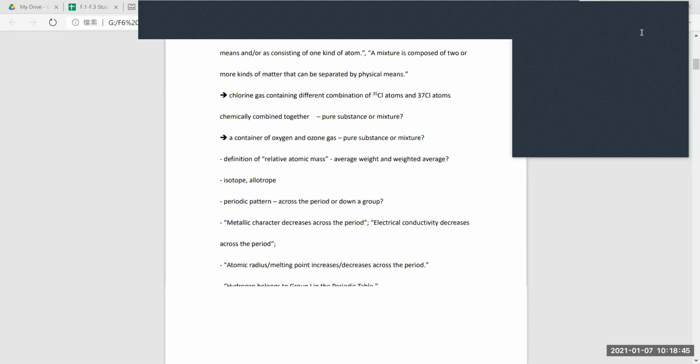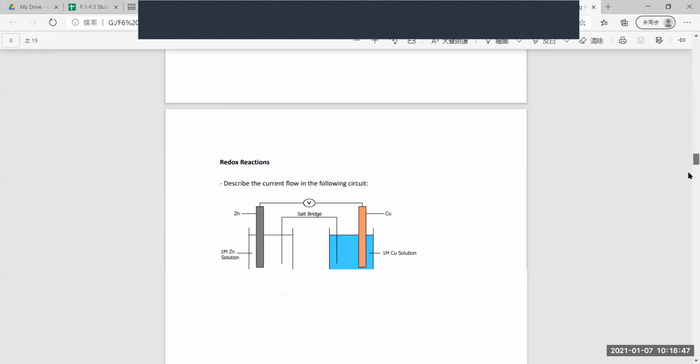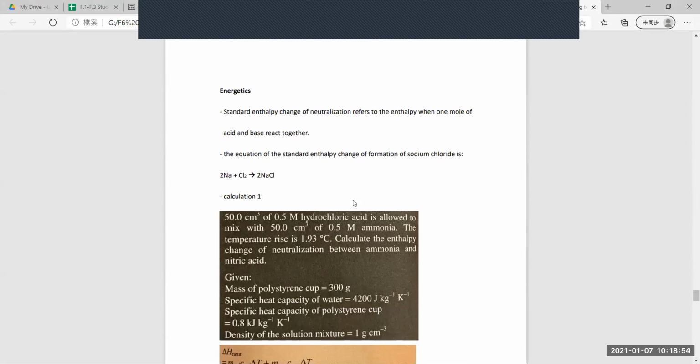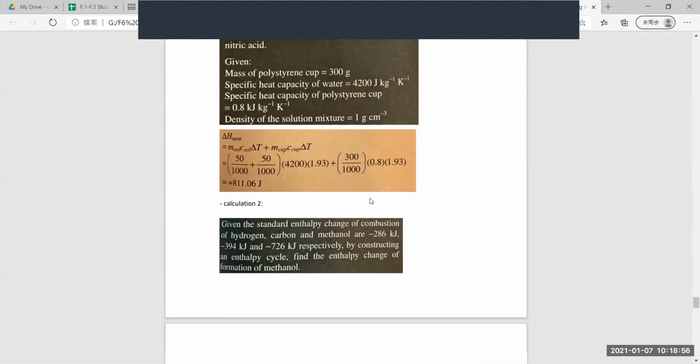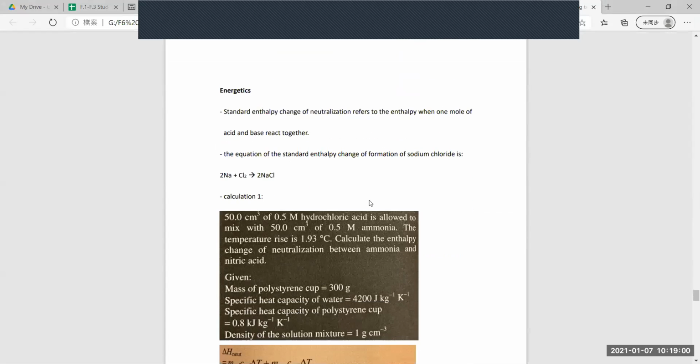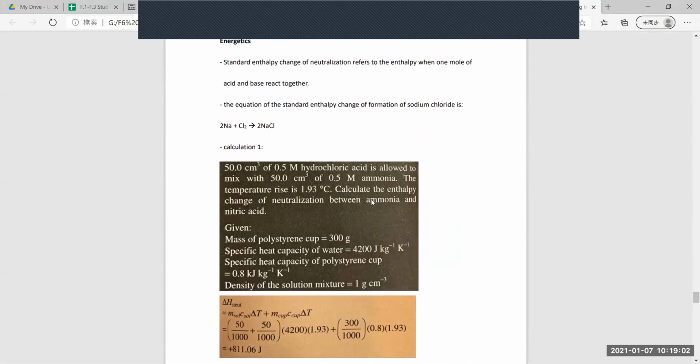Read what is wrong. The final two topics, this is the one. Energetics. You may find some calculations that are not correct, so we have to correct them this time.